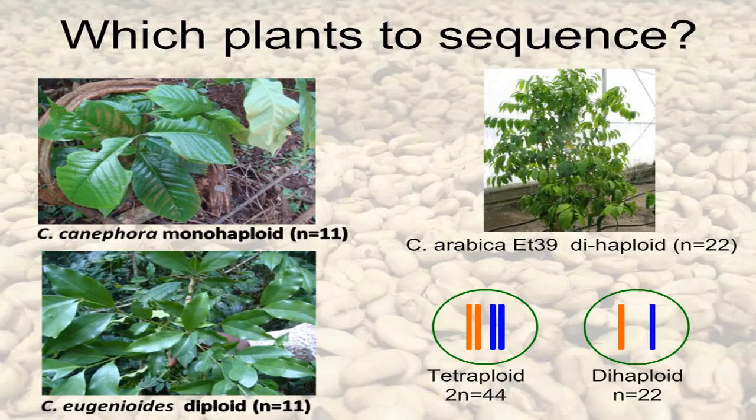Now, Arabica, on the other hand, as I said, is a tetraploid. So it normally would have 4 copies of every chromosome. But the one that we used is a special accession, and it's a dihaploid. So this one has 22 chromosomes instead of the normal tetraploid number. You can see here a cartoon of what a dihaploid is.